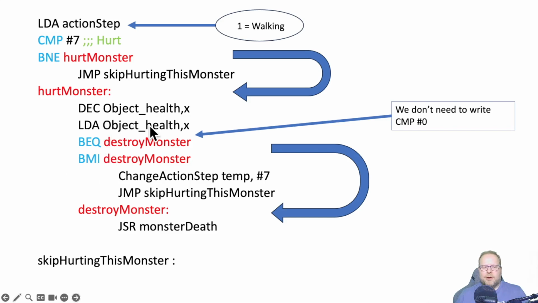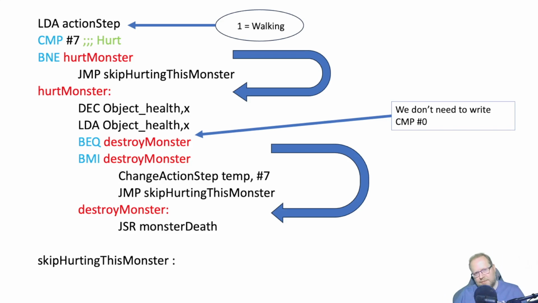Here we are decreasing the health of the monster. Let's say instead of health going down by 1, let's say we have a huge weapon that's going to do 3 damage to the monster. If the monster just has 1 health and we're subtracting 3 from that, then we end up with -2.